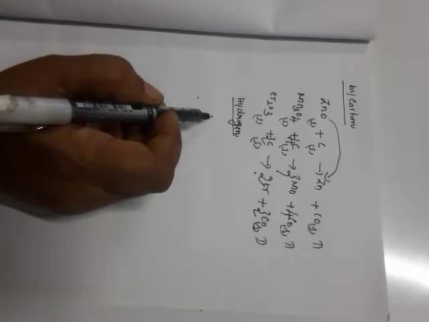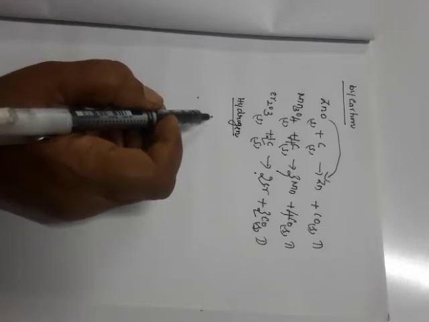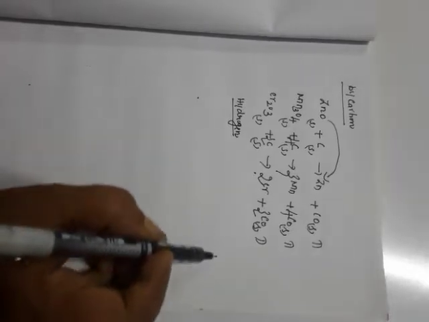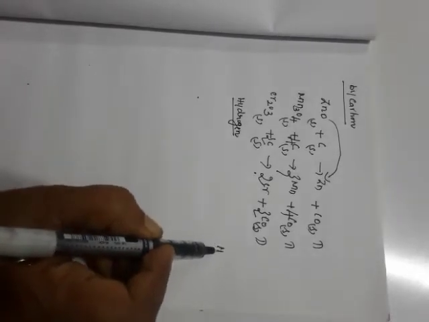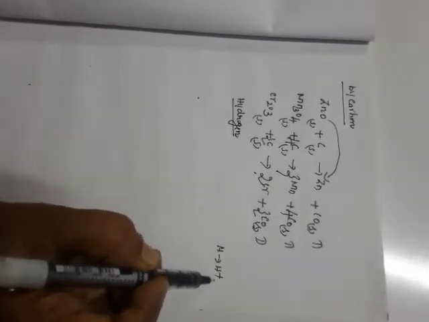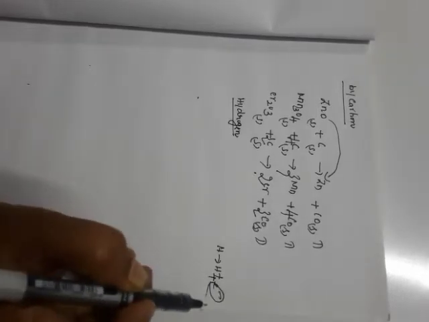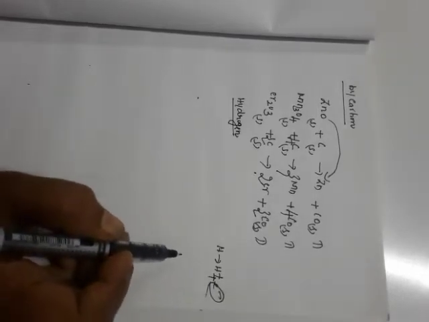It is applied for silver, iron, lead, copper, which have less electropositive character than hydrogen. Electropositive character means hydrogen losing an electron.